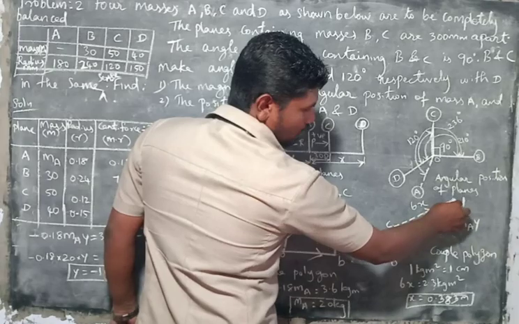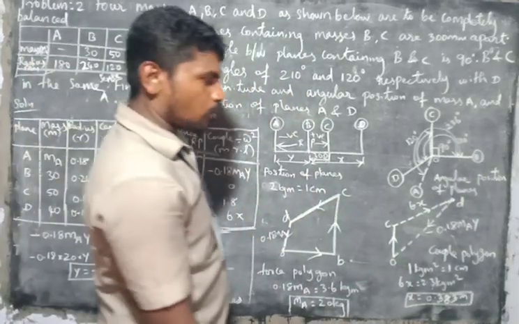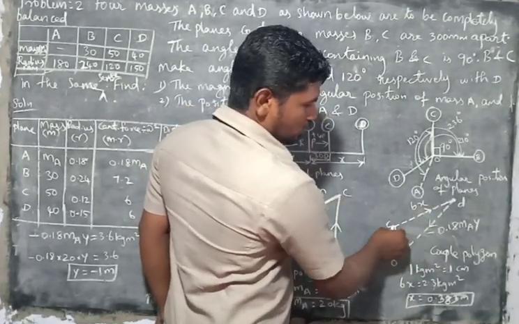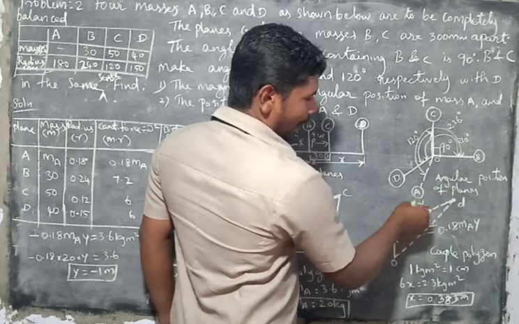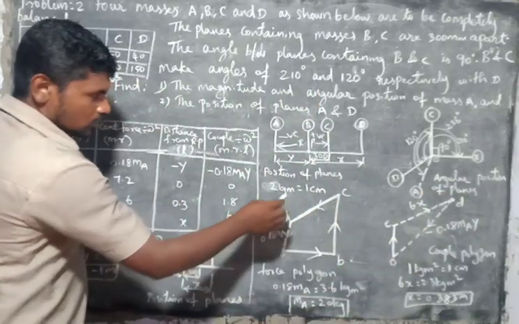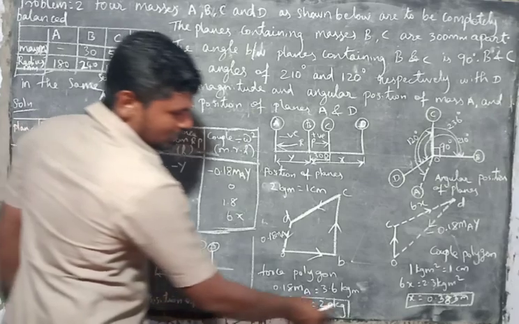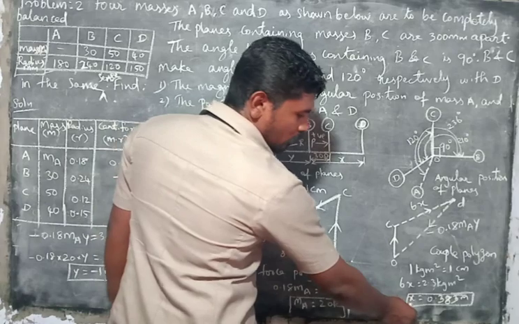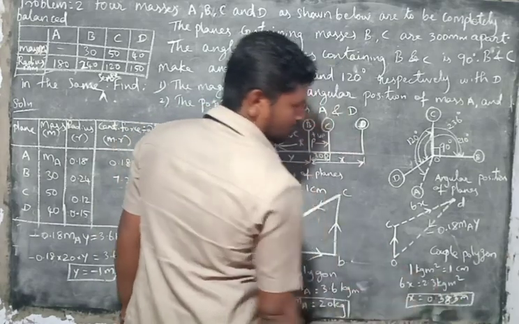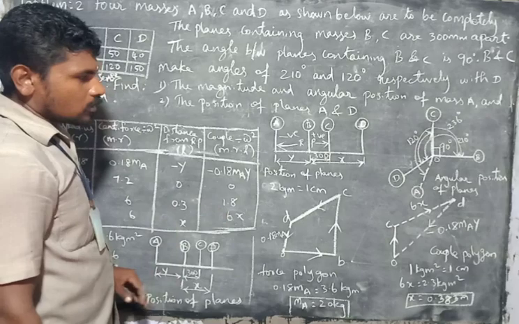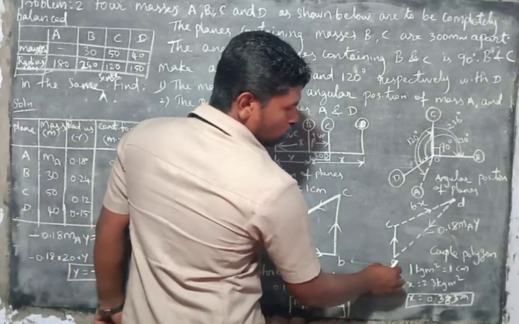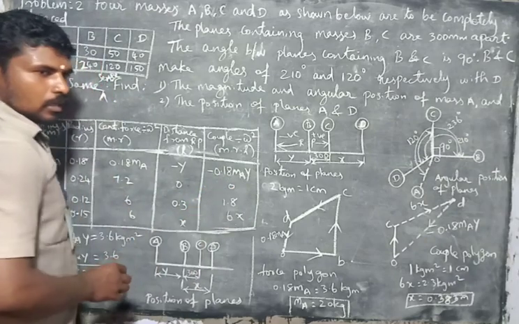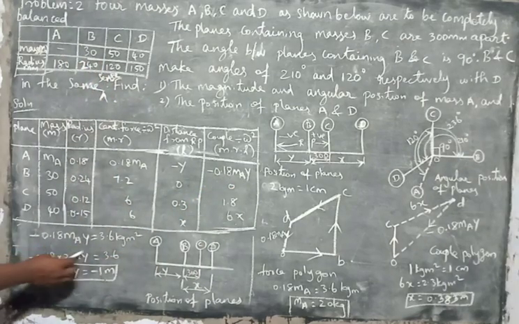It will intersect at one point, that is point D. Measure the C to D value and equate it to 6x. From that we get the x value. The value will be 0.383 meter. After that, we measure the O to D value and equate it to the minus 0.18 M A equation and find the value of y.